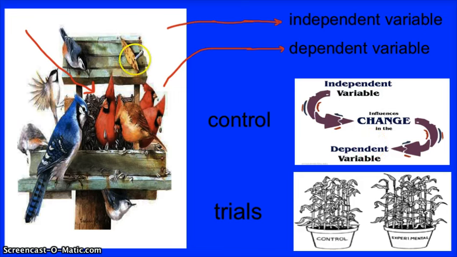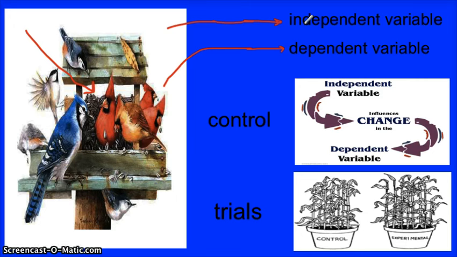What's another independent variable we could have? Maybe we painted the birdhouse a different color, and we saw if there are different species of birds that came. It may have changed the dependent variable. It may not have changed the dependent variable. But the independent variable is something that we change as a student or as somebody who is conducting the experiment.